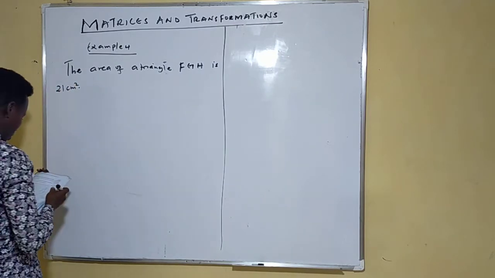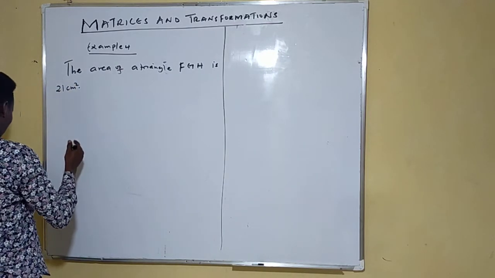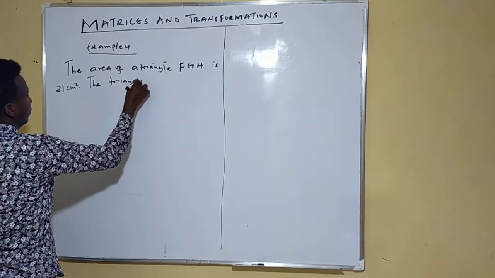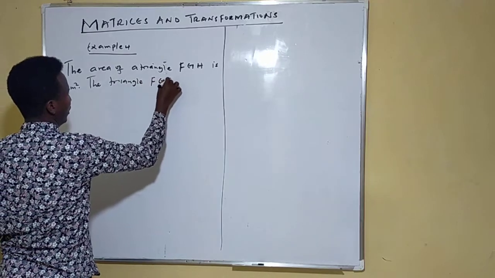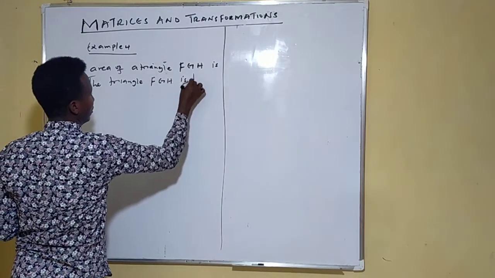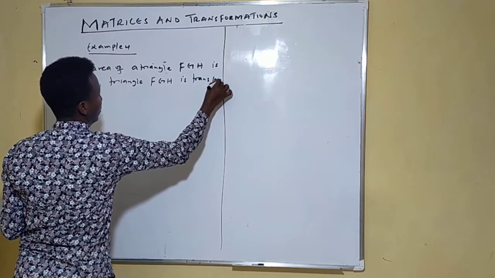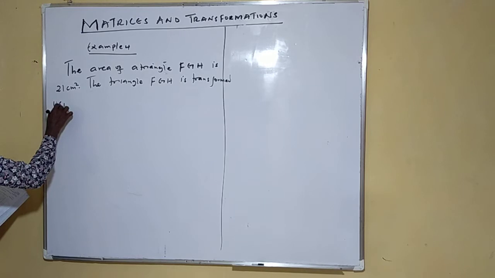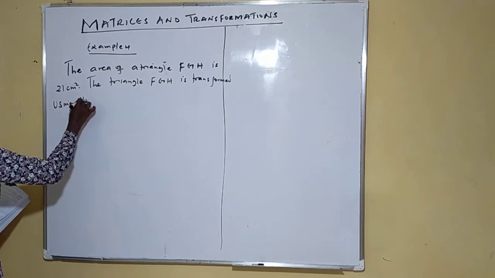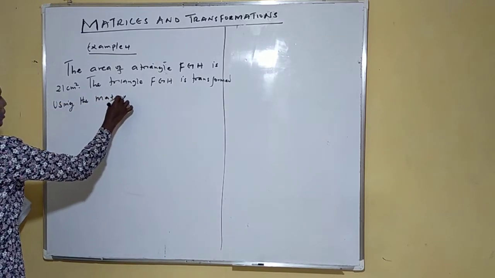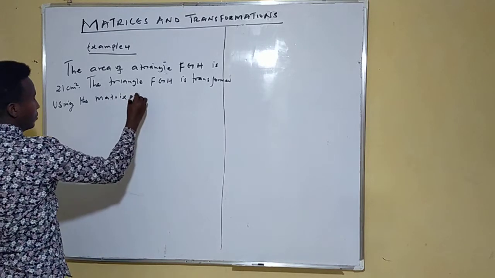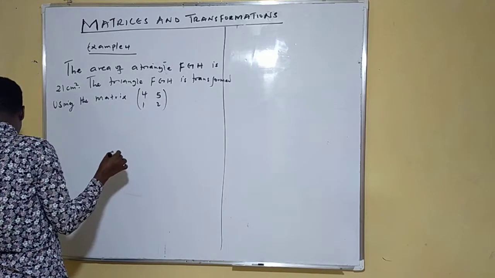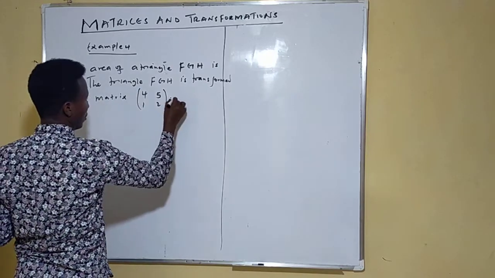The triangle FGH is transformed using the matrix 4 1 5 2. Calculate the area of the image.